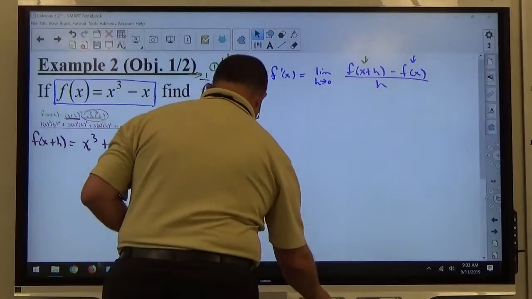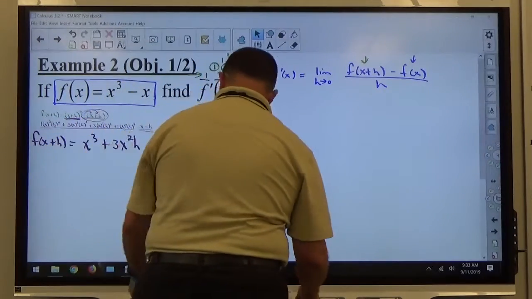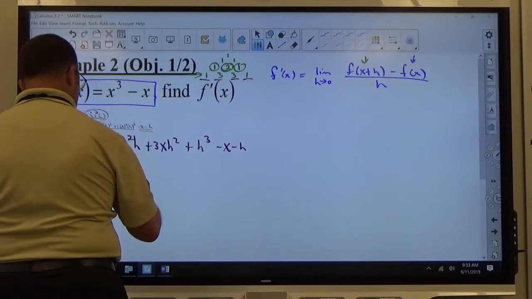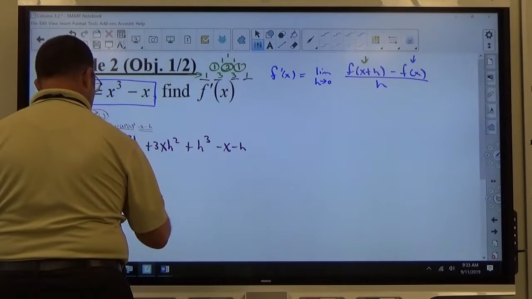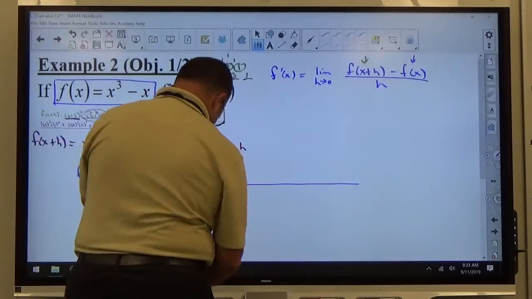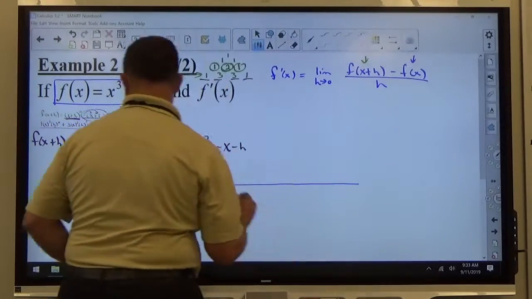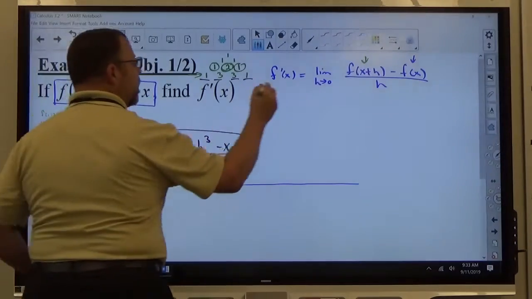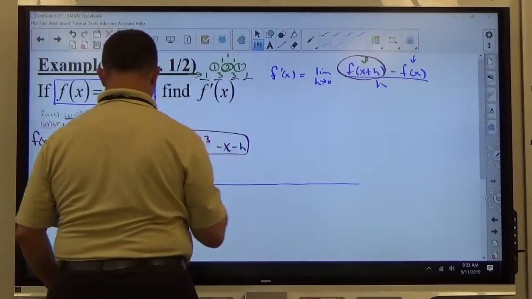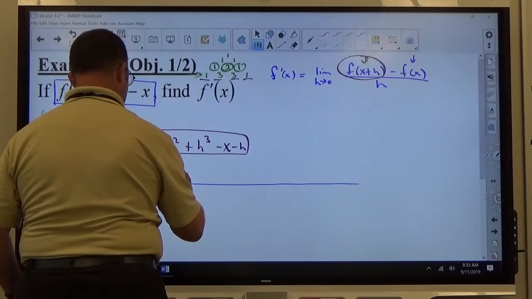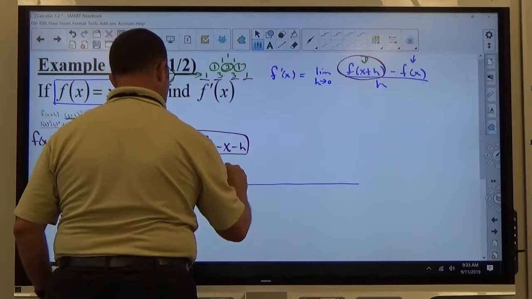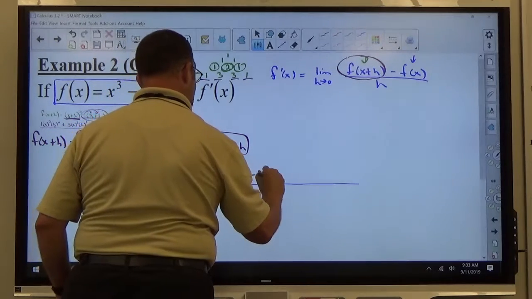All right. So now, looking at this definition of the derivative we're trying to do here, f prime of x should equal the limit as h is approaching 0 of f of x plus h, which goes here. That's going to be x cubed plus 3x squared h plus 3x h squared plus h cubed minus x minus h.